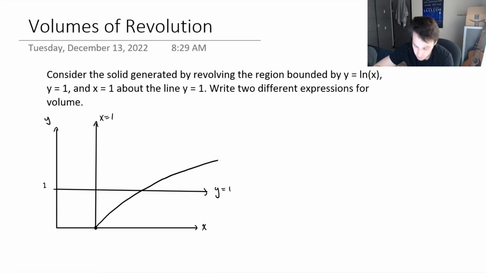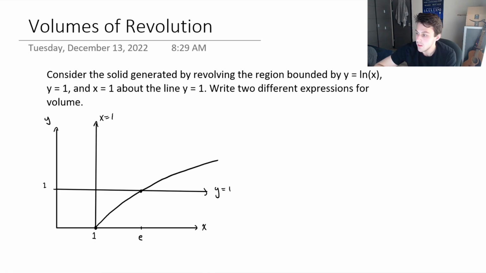We can also label the point where it intersects y equals 1. When is ln of x equal to 1? That's true when x is e, because ln of e, a logarithm base e of e, reduces to 1.